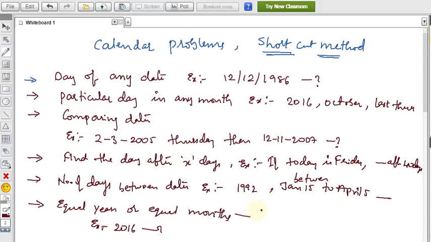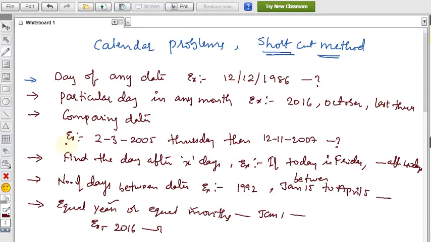Otherwise months also. If January 1st is a Sunday, then in which later month will the first also come on the same Sunday? That is equal years or equal months. This is one more type.